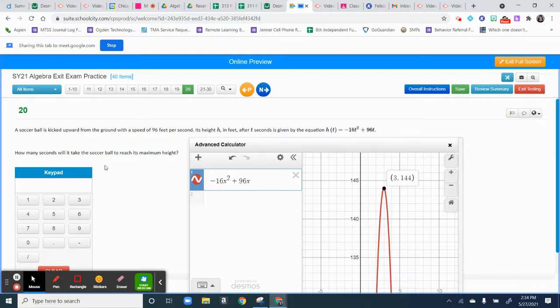The question is, how many seconds will it take the soccer ball to reach the maximum height? So which one of those numbers is seconds? The 3 or the 144? Even though they use h and t, t is the same as x. So the x value is going to give you the time. So the time is 3 seconds. It will reach a height of 144 feet.